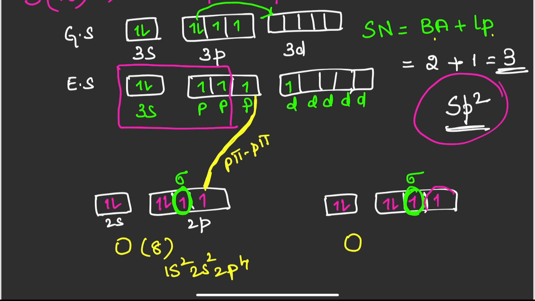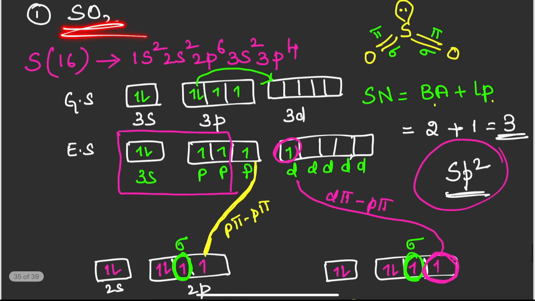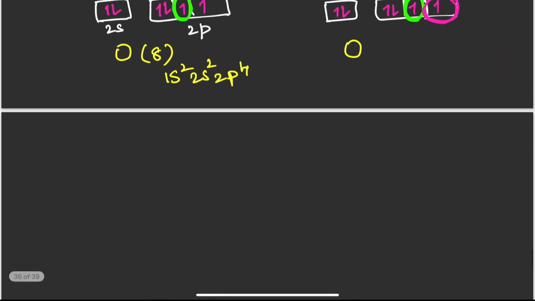This electron is going to combine with this electron which is present in the d orbital, and it results in the formation of a d pi-p pi bond. So totally you can see that one p pi-p pi bond and one d pi-p pi bond is formed in sulfur dioxide. This is how we find it. We will go for the second example.